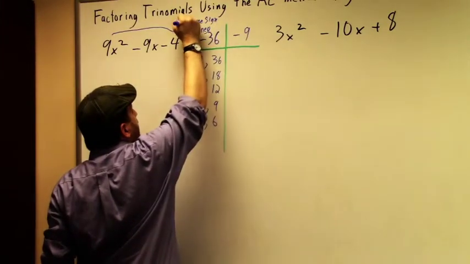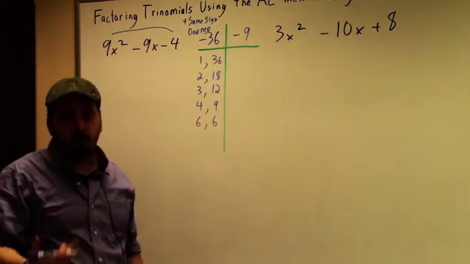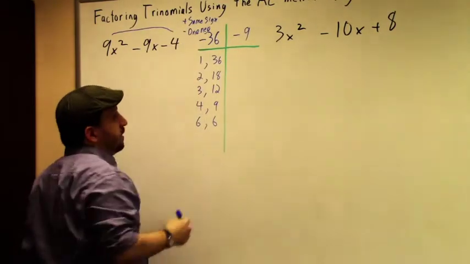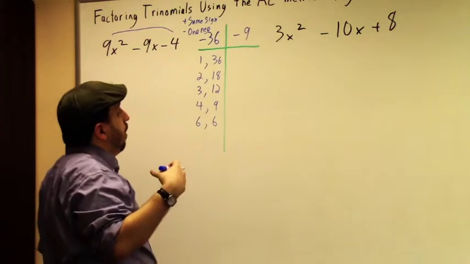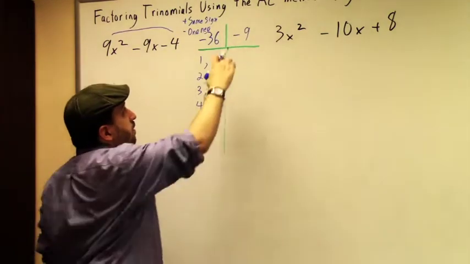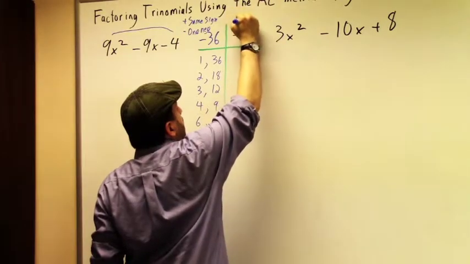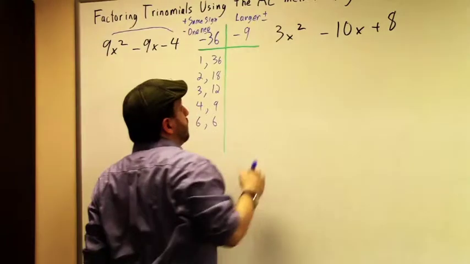If it's positive, then both of these are going to have the same sign. They're either both going to be positive or both going to be negative. If it's negative, then one of them is going to be negative and the other one is going to be positive. Okay? On the right-hand side, this sign is going to tell you the sign of the larger factor.